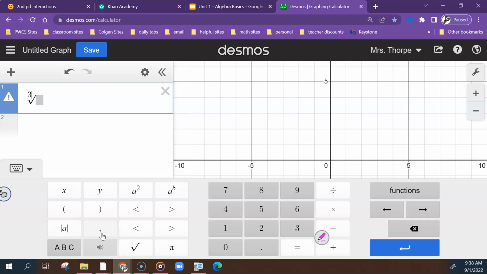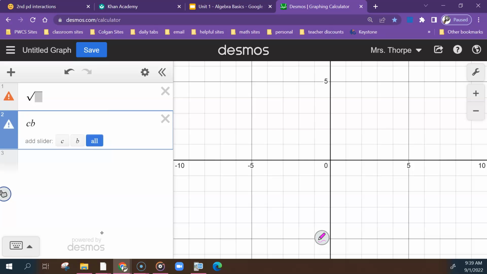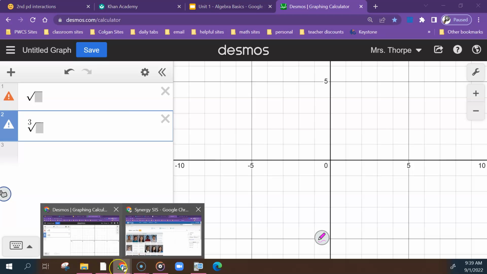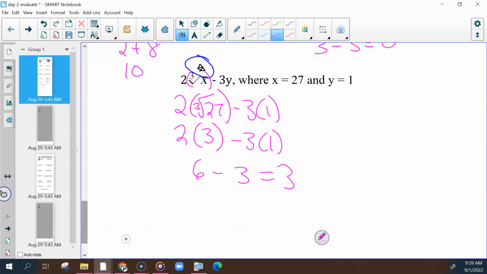It'll automatically make it a fraction. Last thing, if you didn't open the keyboard for cube root and square root, if you type in the letters SQRT, that pops up. Or QBRT, the cube root pops up. So you could type it without going to find it. Do you have any other Desmos things we want to know about?